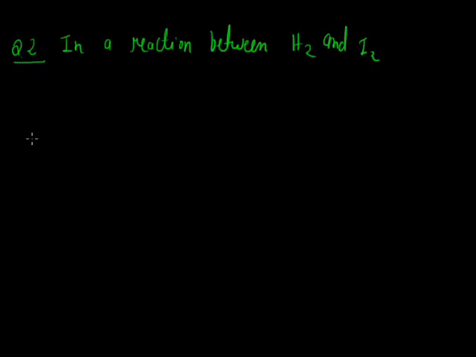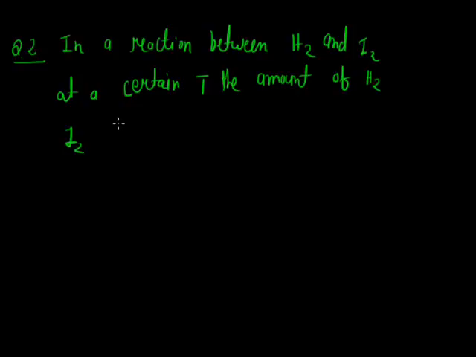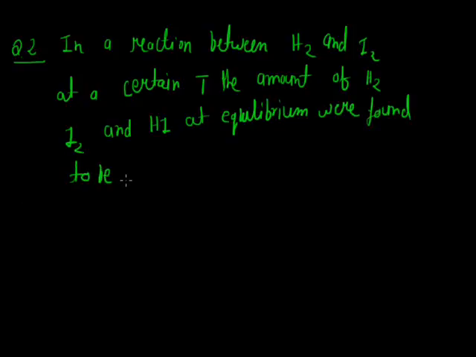Now the second question is: in a reaction between H2 and I2 at a certain temperature, the amounts of H2, I2 and HI at equilibrium were found to be 0.45 mole, 0.39 mole and 3 moles respectively.